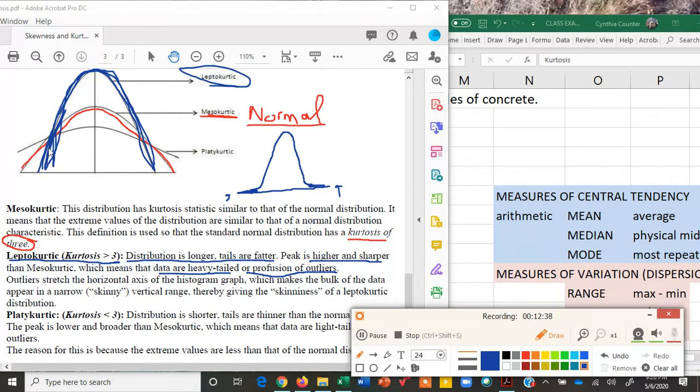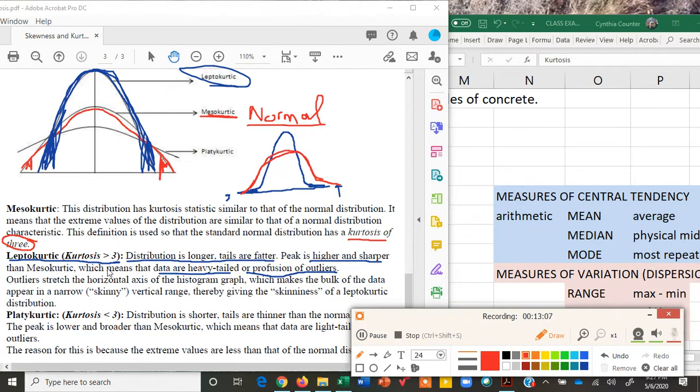If you're looking at the ends here, you're very thick on the edges, whereas if you look at the normal distribution, they're thinner when you look at what she's considering the tails. I draw the tails way out there so it looks a little different. So for me, a normal distribution would be something more like that. It's hard for me to draw it very well.